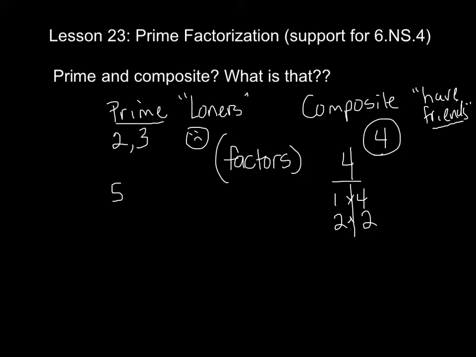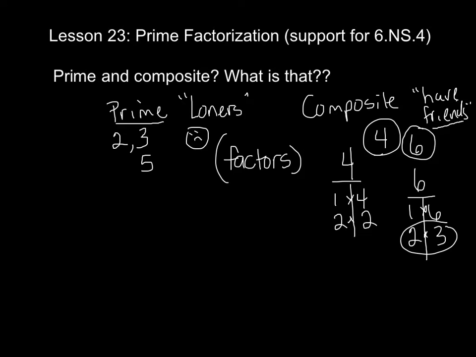5. The only way to get a 5 is 1 times 5. So that makes 5 prime. 6. Let's look at 6. 1 times 6 will give you 6, but so will 2 times 3. So he has some friends, so 6 is composite.